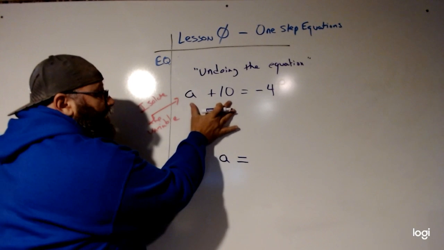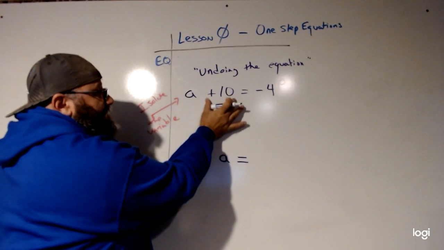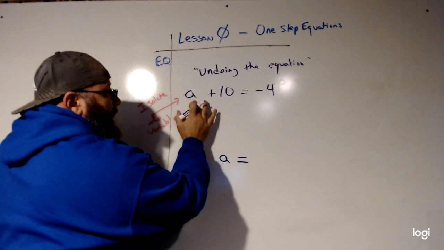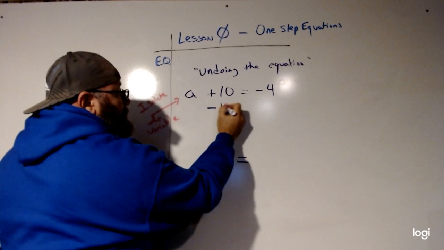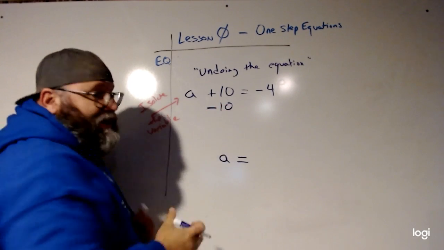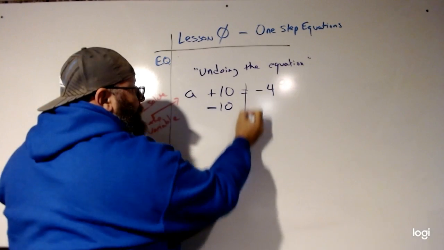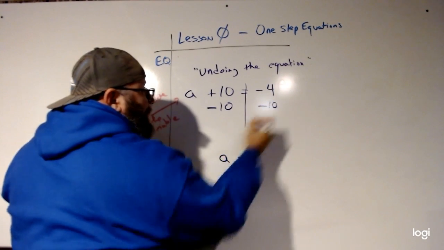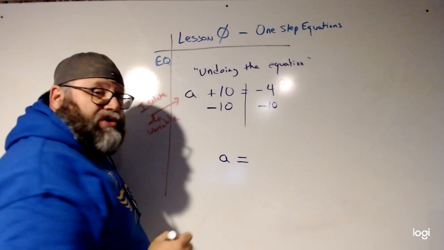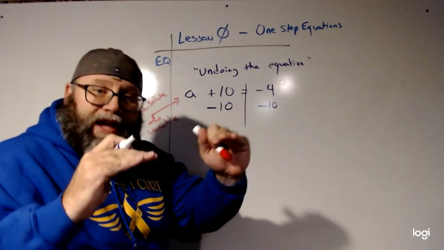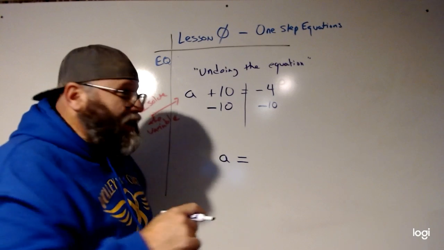So if we're undoing this, because we've got a constant here that's next to our variable, I want to make this a 0, so the a is by itself. So I'm going to subtract 10, or I'm going to bring in a negative 10. If I do that on one side, that's got to happen on the other side too. Equation balanced. It's still equal sides if we do the same thing to both sides.